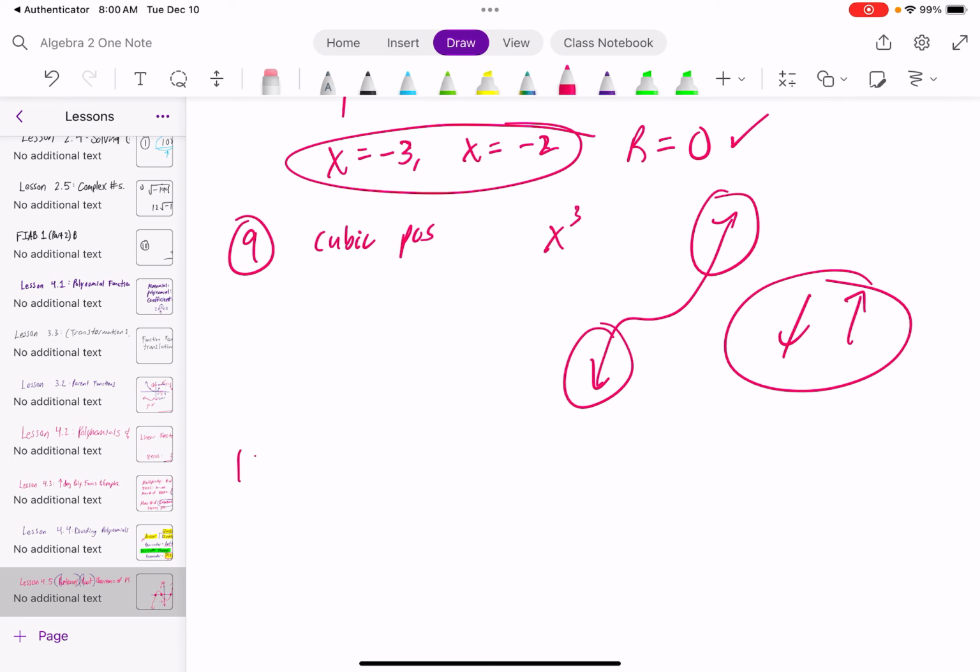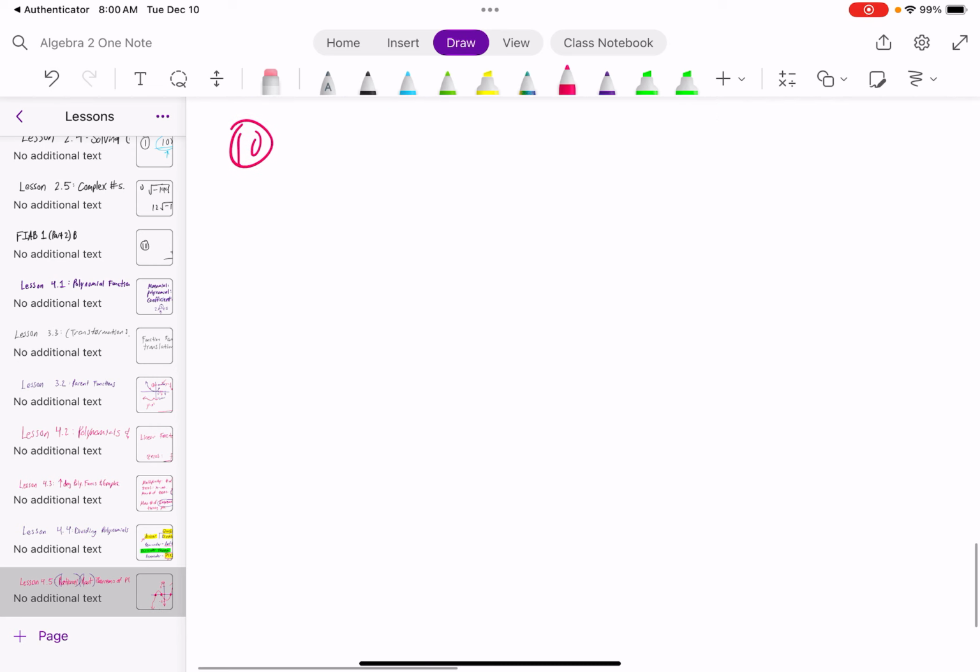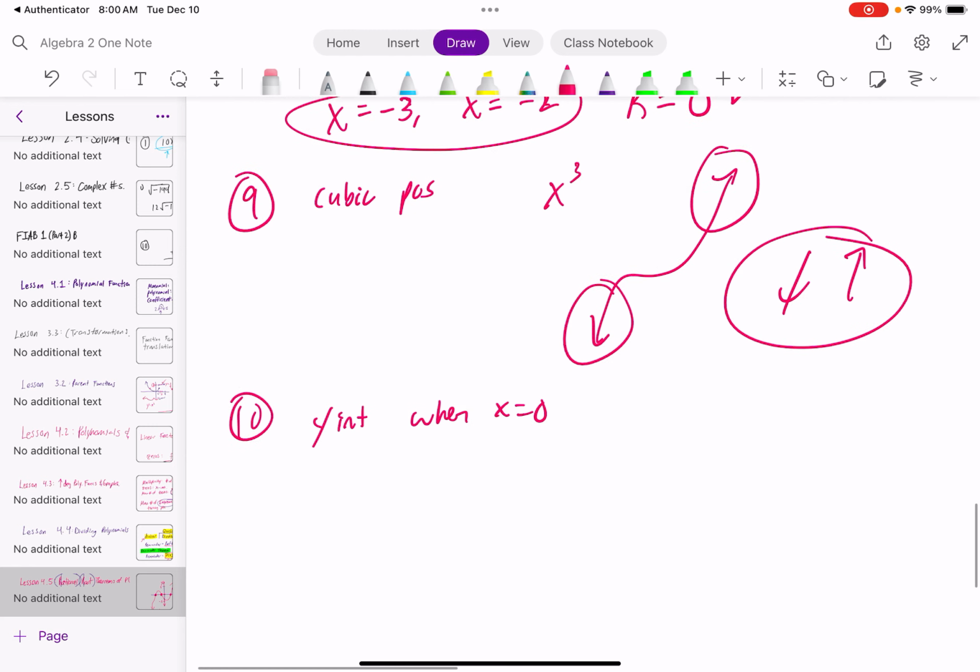Number 10. What is the y-intercept? Enter your answer as a coordinate point. The y-intercept of that function happens when x is 0, right? So as you can see from this graph, let's say that was my graph.